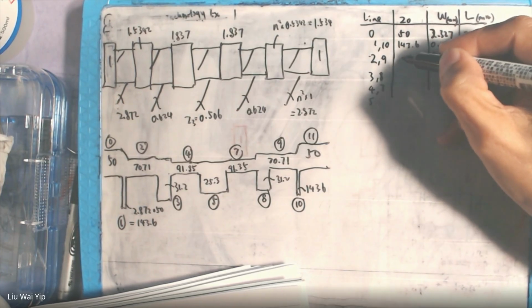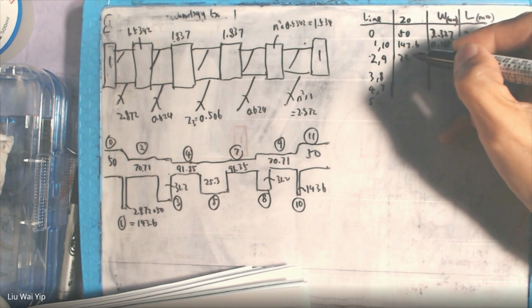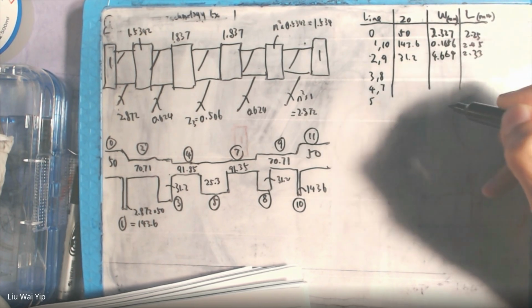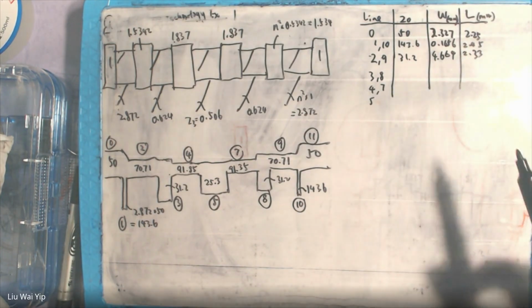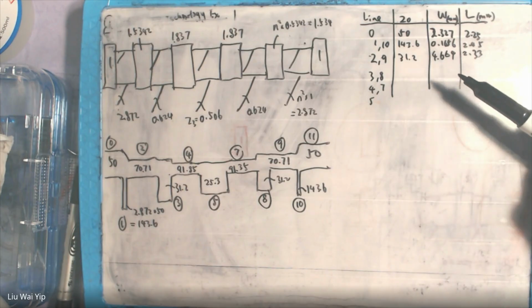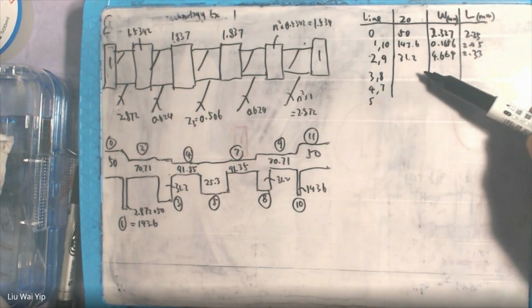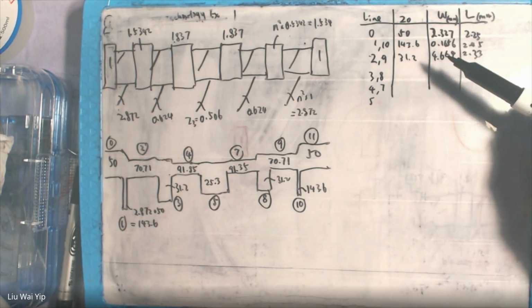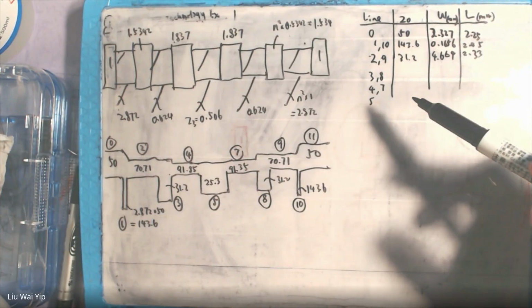And this, 25, 31.2. So you can just keep going. Eventually, you end up with a table. And I'm not going to do everything for you, but the methodology is the same.